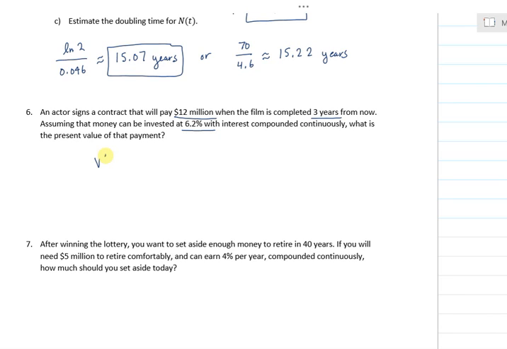So the value at time t is going to be my sort of initial value. In this case, it's actually my final value. E to the negative, here's my rate, t. So the value of money in 3 years, of 12 million in 3 years, is 12 million e to the negative 0.062 times 3.